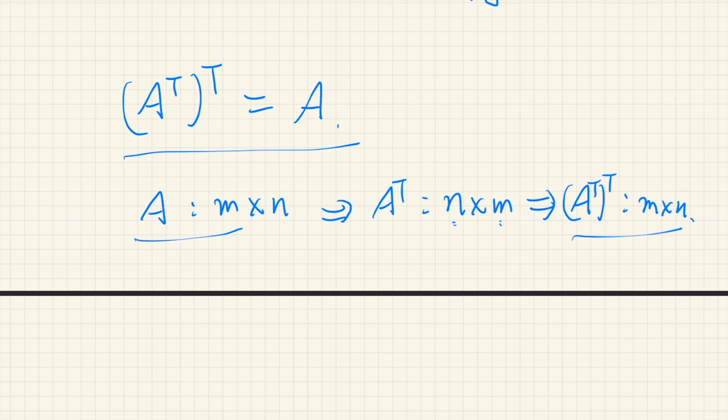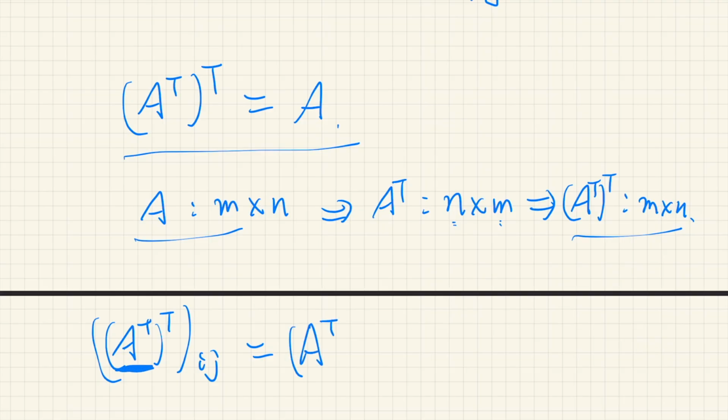Next, we need to check that the corresponding elements in the two matrices are the same. So take the ij element of (A transpose) transpose. By definition, this is equal to the ji element of the matrix inside, which is A transpose.